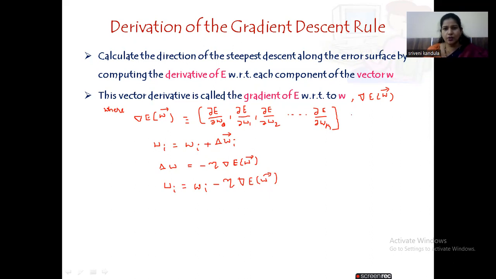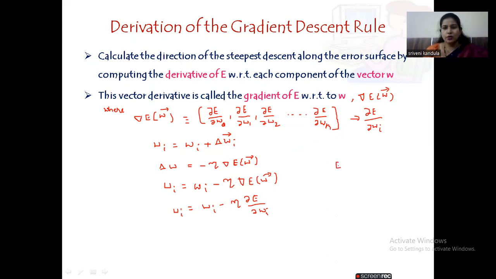In general form, we can write it as ∂E/∂Wi, where i ranges from 0 to n. So I can rewrite this as Wi equals Wi minus eta ∂E/∂Wi. Now let us see how we can derive this ∂E/∂Wi.